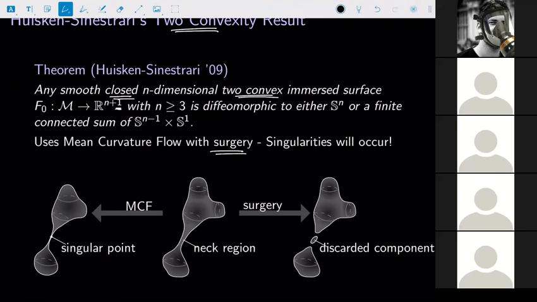So the picture here is actually correct. You have here a mean curvature flow. This is the central picture. If you run the mean curvature flow, you will approach a singular point. So instead of going to the singular point, what you do is you perform surgery at the neck region. And at the neck region, what will happen is you will remove the neck.